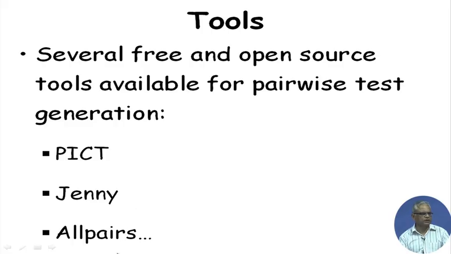There are several other small tools available, and they will give you the test cases. And as I was saying, if you try different values of input parameters, with each parameter taking a different number of values, these tools may give different numbers of test cases, because they possibly use different algorithms.